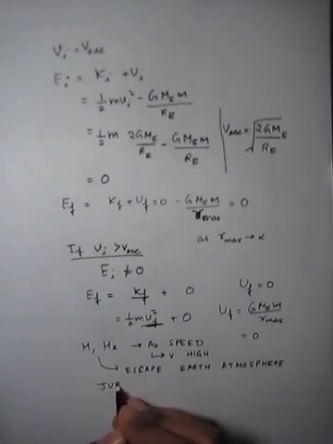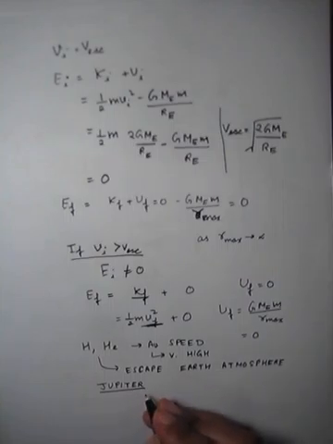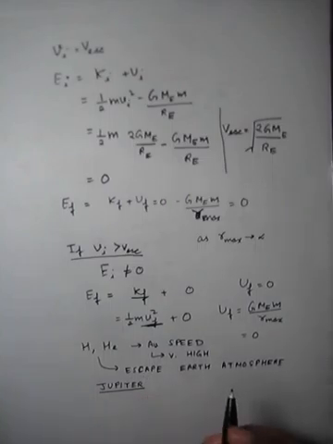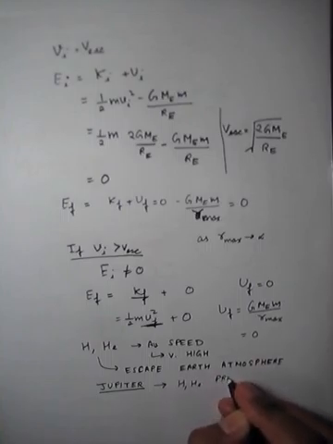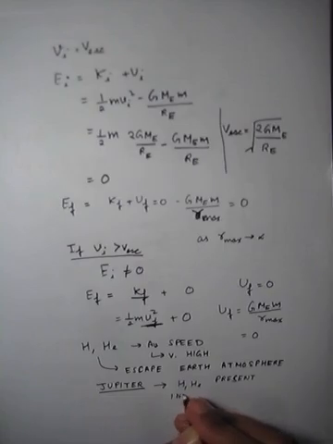Whereas Jupiter is the biggest planet, and in order to escape Jupiter, hydrogen and helium don't have enough speed, enough initial kinetic energy. Therefore, they cannot escape the atmosphere of Jupiter. Therefore, hydrogen and helium are present in its atmosphere.